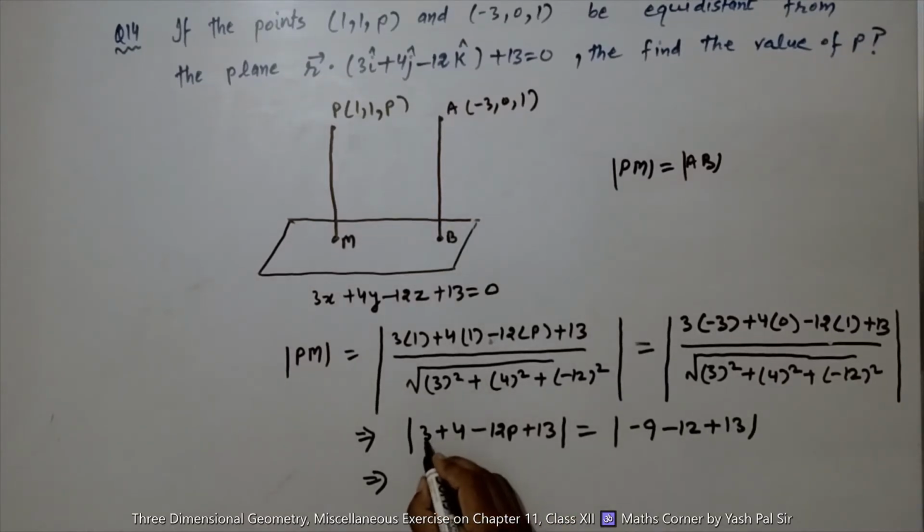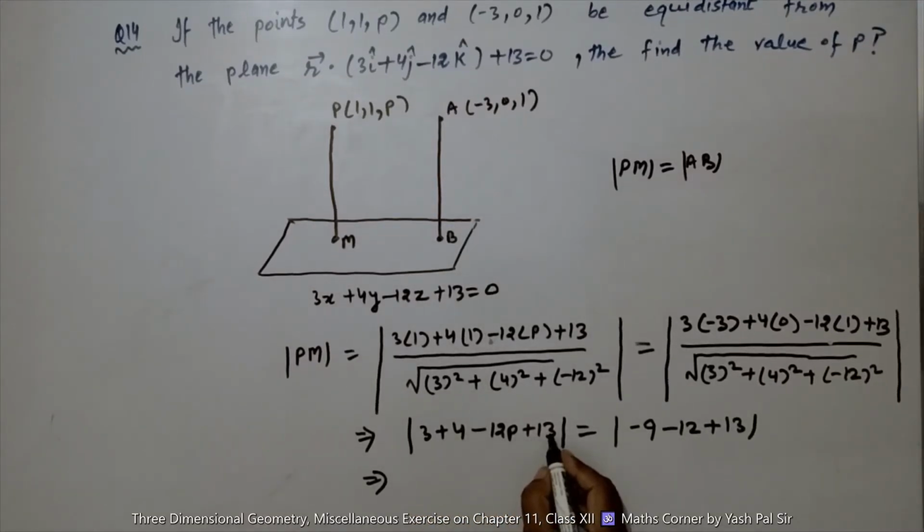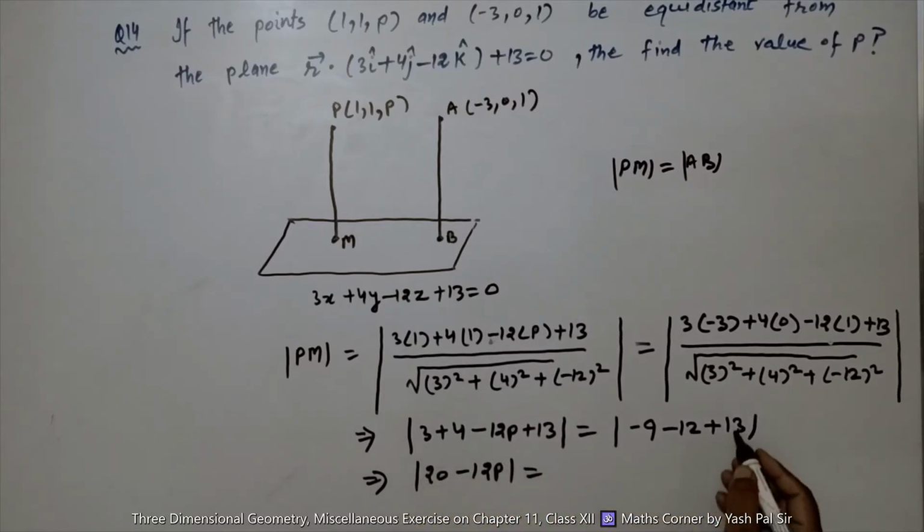So that means we have 4 plus 3 is 7, 7 plus 13 is 20, 20 minus 12p inside the modulus sign is equal to, 1 minus 9, which is minus 8. After modulus this becomes plus 8, right? Now we have to open this modulus sign, so this becomes 20 minus 12p, one time this is plus 8, second time this is minus 8.